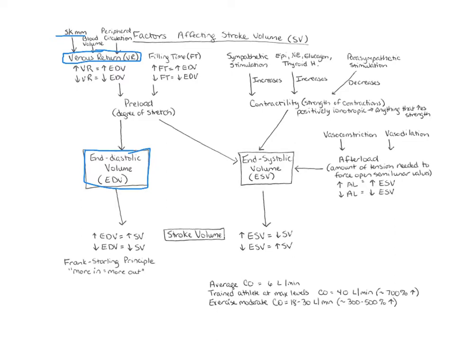So if a person is very sedentary, they're not going to be able to bring as much blood back. If they don't have a high enough blood volume, if they're dehydrated, they're hemorrhaging, something like that, then you're not going to get as much blood coming back and filling up those ventricles.